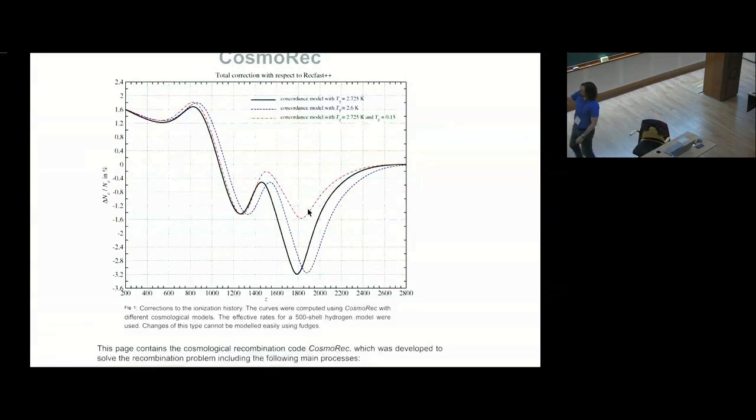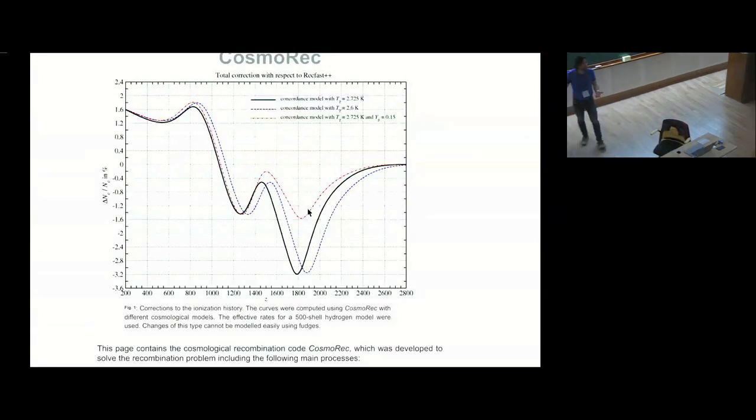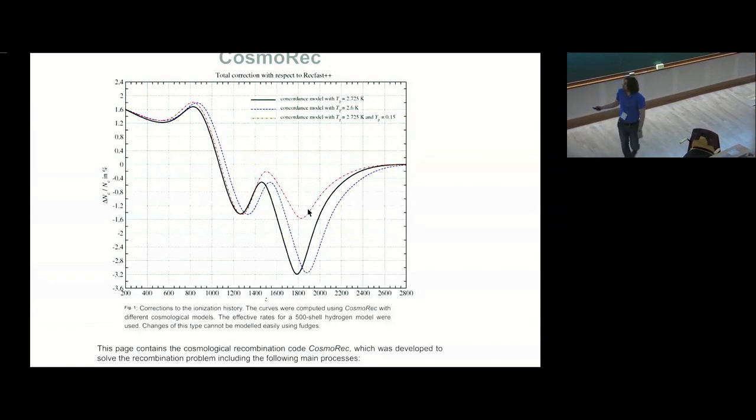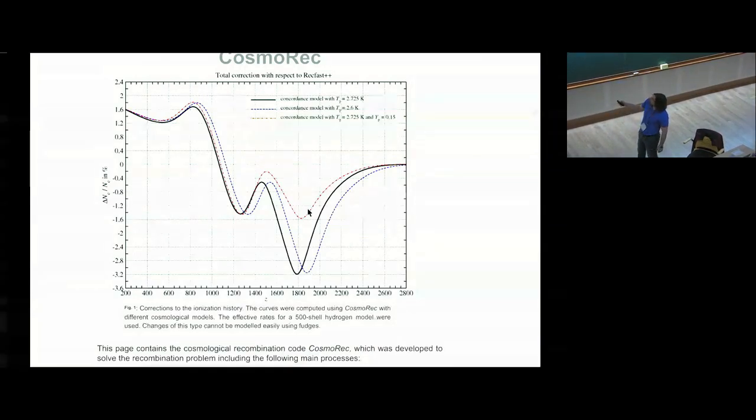This is, for example, showing you that if you do a RecFast++ approach or a RecFast approach on the full calculation, but change here the temperature of the photon field, and in this case even the abundance of helium, then the correction function is no longer the same correction function as for the standard case, which means that if you fudged your calculation in RecFast or also RecFast++ with the solid black line, then you will not predict the absolutely correct result for the effect on the CLs, right?